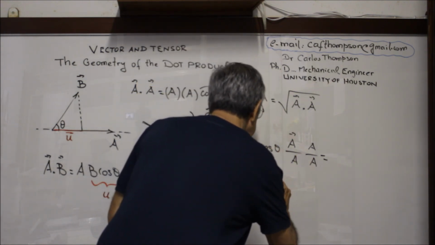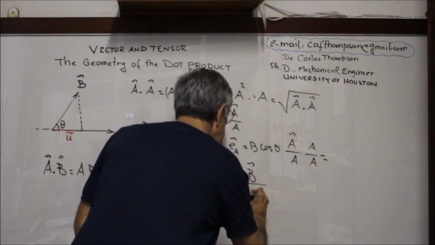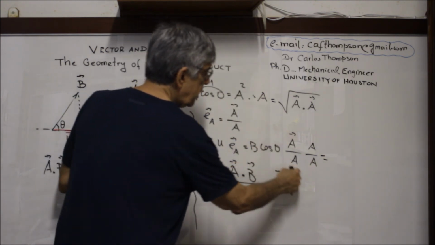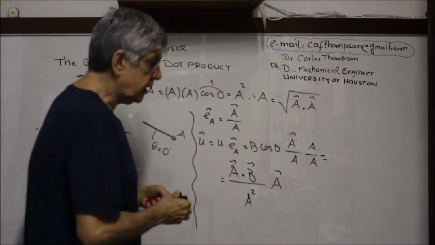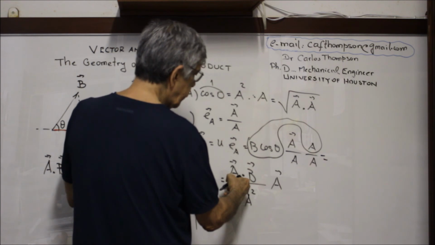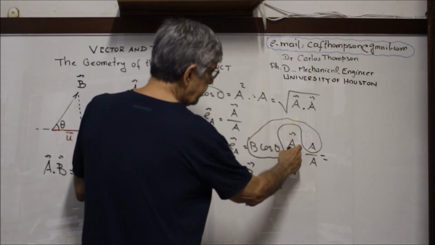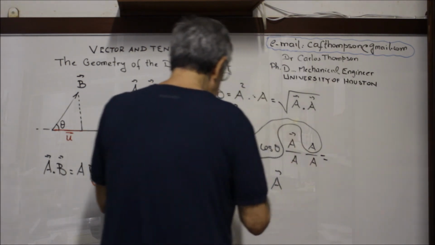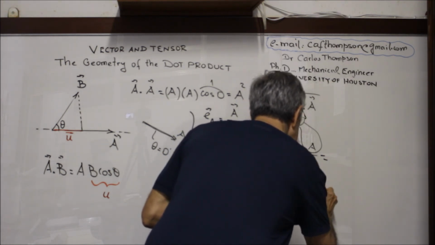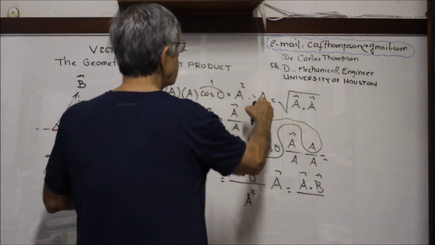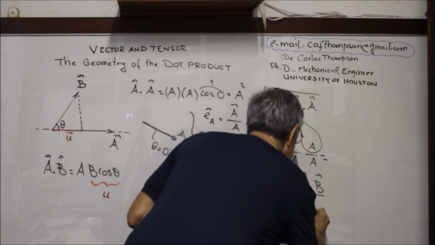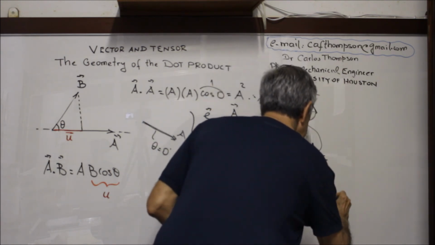Then what is left is A squared, which is A dot A, and here is vector A. So it is A dot B over A dot A, times vector A.